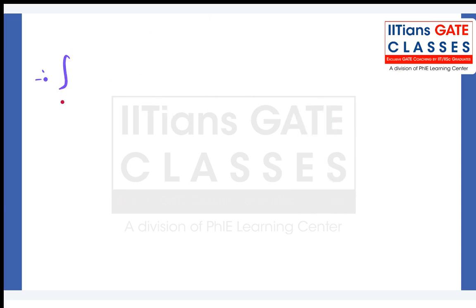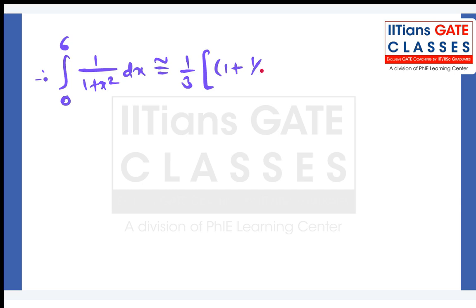This integral from 0 to 6 of 1 by 1 plus x square dx is approximately 1 by 3, because h is 1. First value is 1 and last is 1 by 37. They don't get multiplied by anything. And then you are supposed to multiply the odd ones by 4.